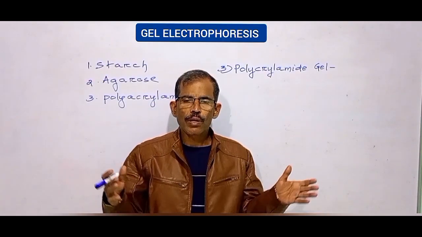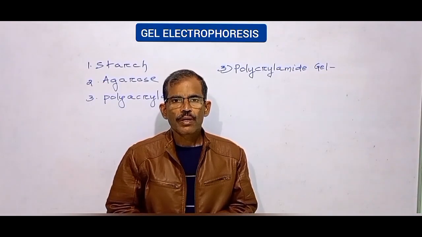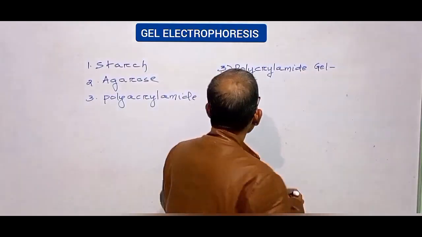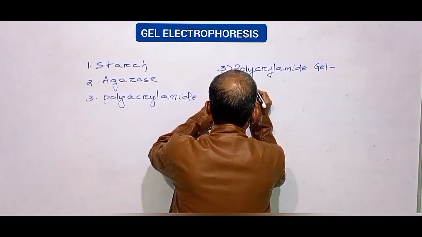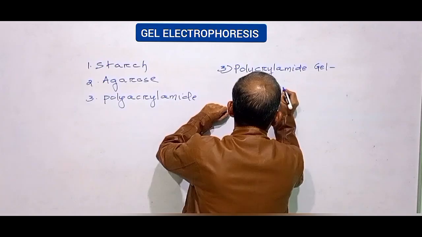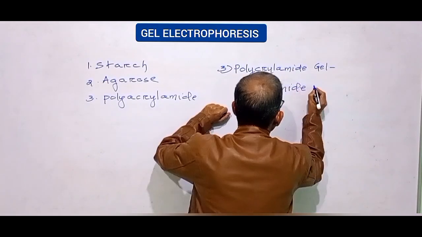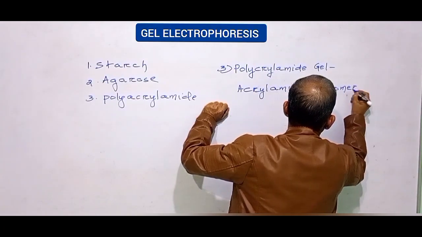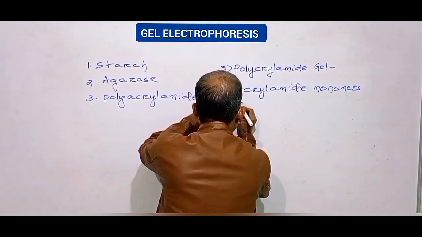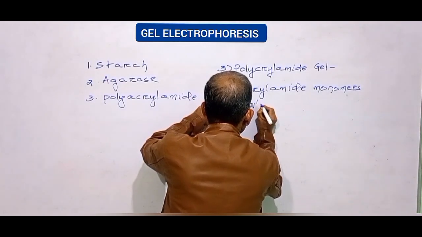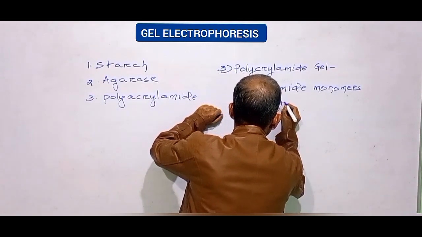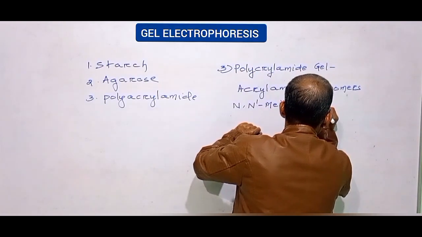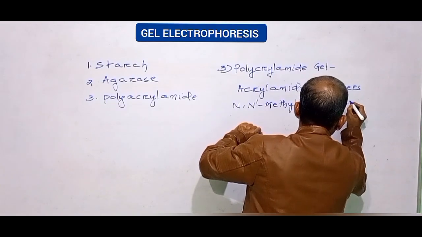Polyacrylamide is a polymer of acrylamides. Cross-linked polyacrylamide gels are formed from the polymerization of acrylamide monomers in the presence of a smaller amount of N,N'-methylene bisacrylamide.